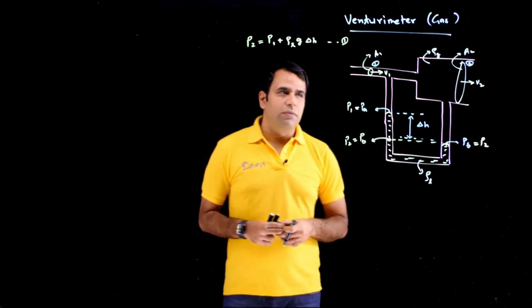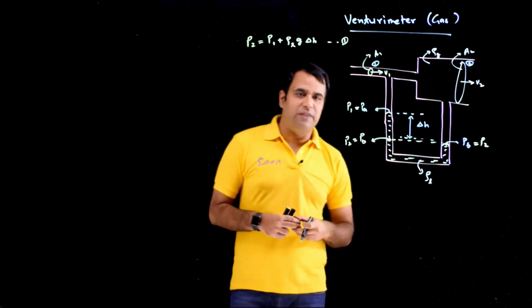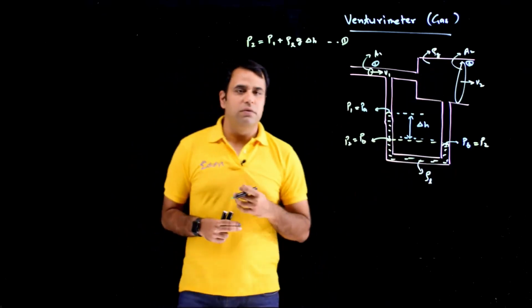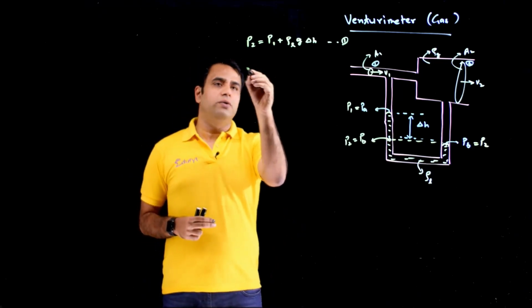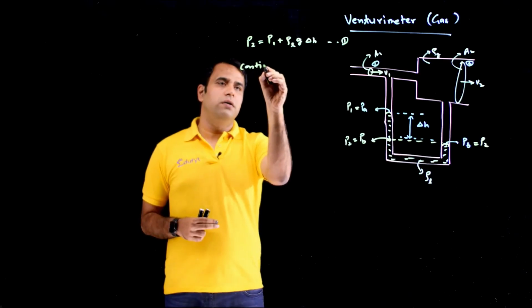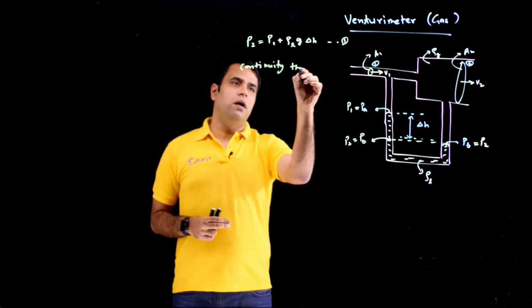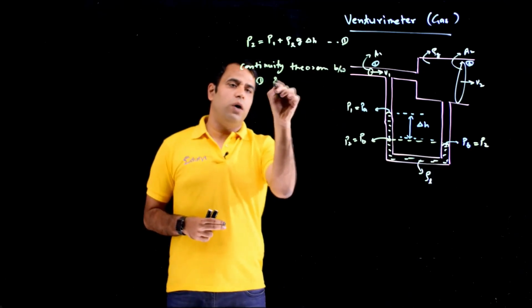Now let's go up. Between these two pipes we have to apply, first, the continuity theorem, just like in the previous case of the Venturi meter. We'll apply the continuity theorem between points 1 and 2.